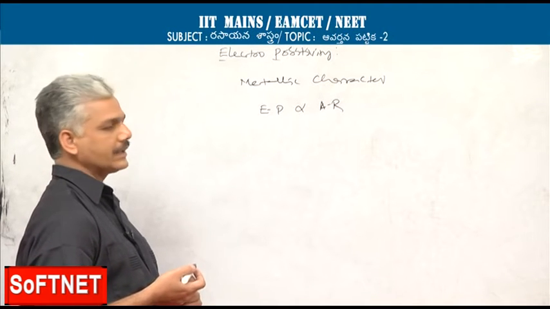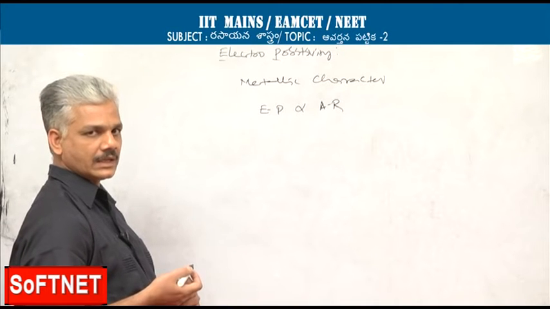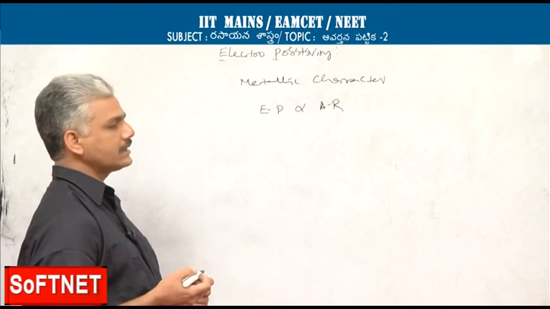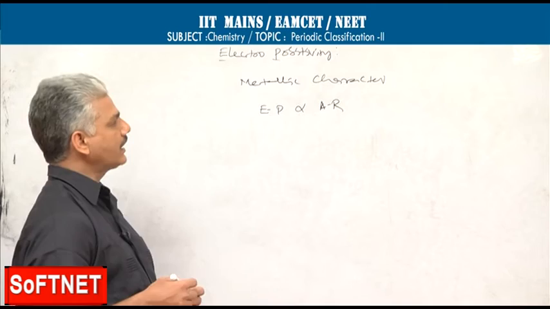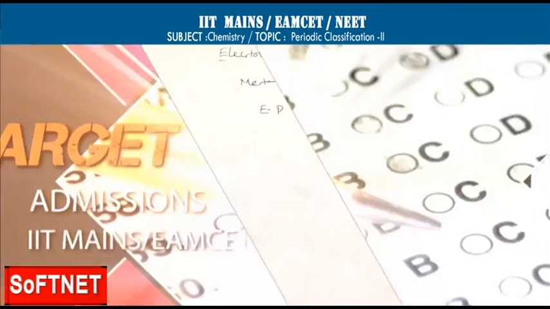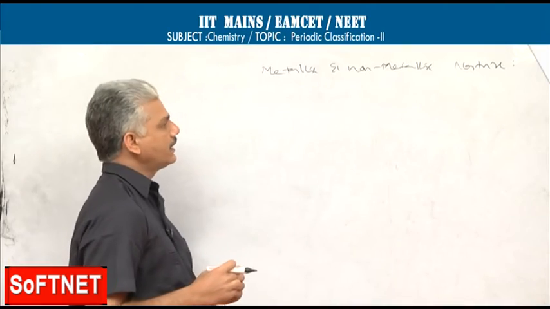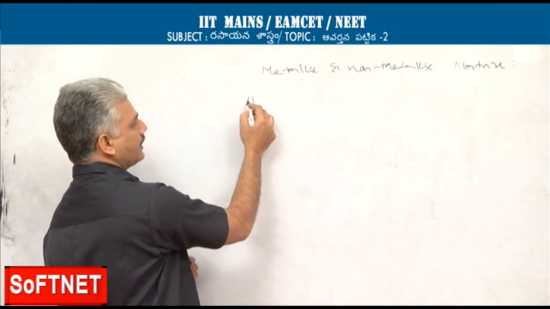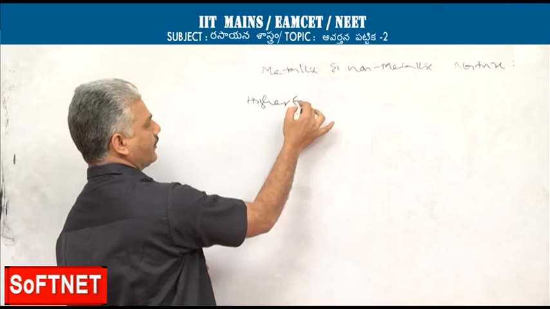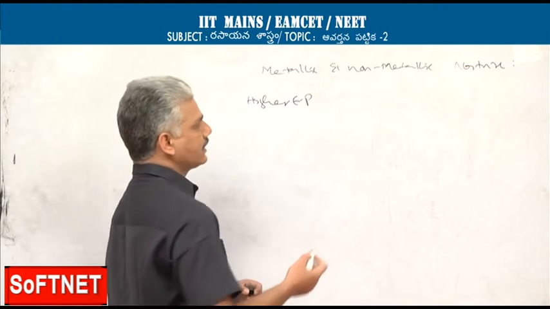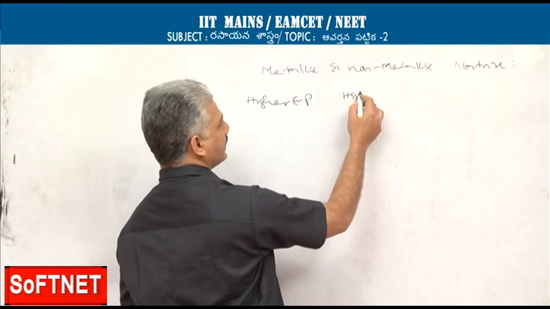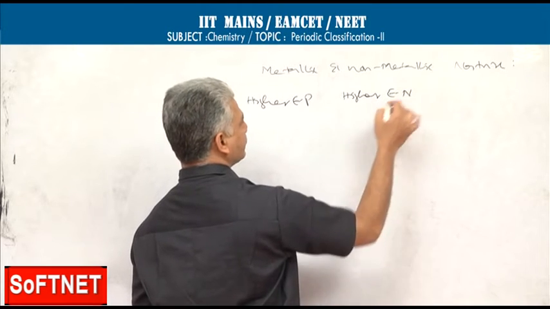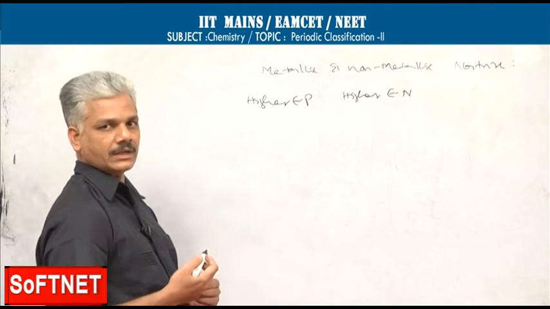With increase in electronegativity value, nonmetallic character increases, whereas with increase in electropositivity, metallic character increases. Metallic and nonmetallic character. Elements with a higher electropositivity value are treated as metals, whereas elements with a higher electronegativity value are treated as nonmetals.